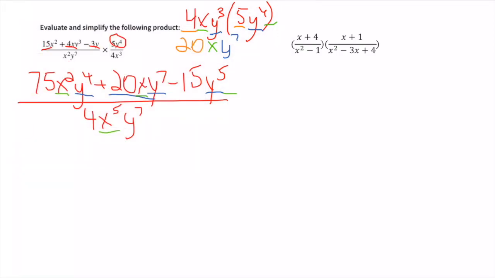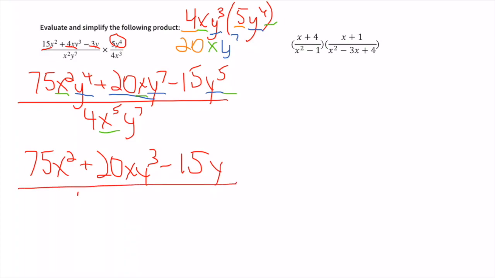Okay, so if I take away a y to the 4 from each of these, I'm left with, I have no y's left here. Okay, I still have 3 here, and I still have 1 here. And on the bottom, I still have 3 here.